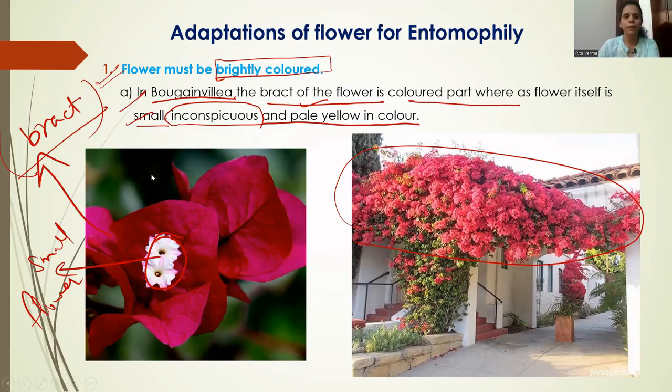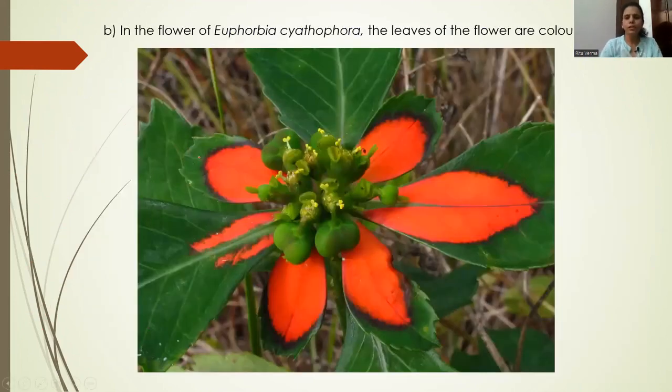The next adaptation is that there are some plants in which instead of the flower, the leaves are colored. One example of such a plant is Euphorbia cyathophora. You can notice here, this green structure is actually the flower, and just below this inflorescence, the first layer of leaves is present.